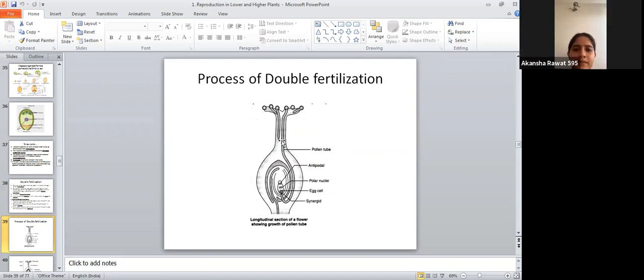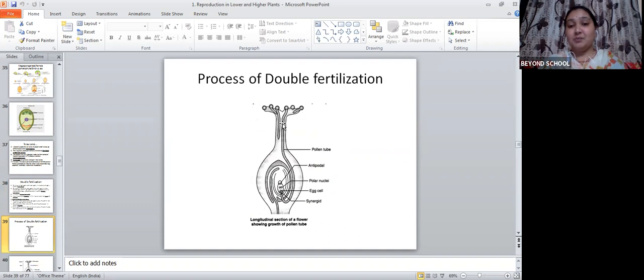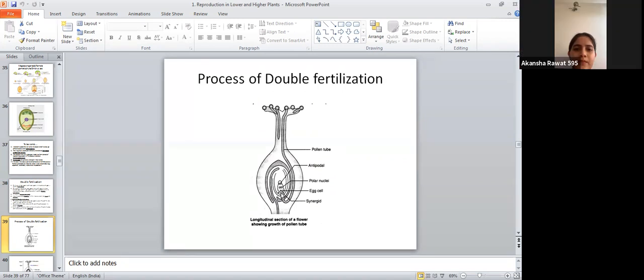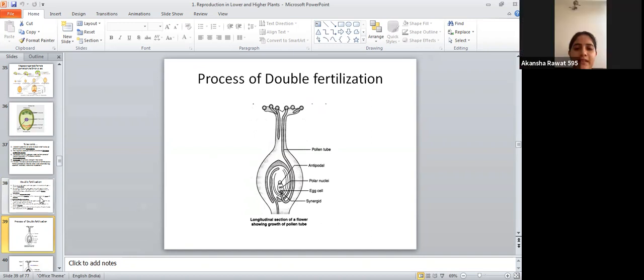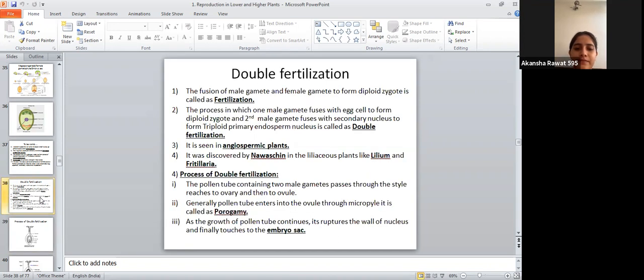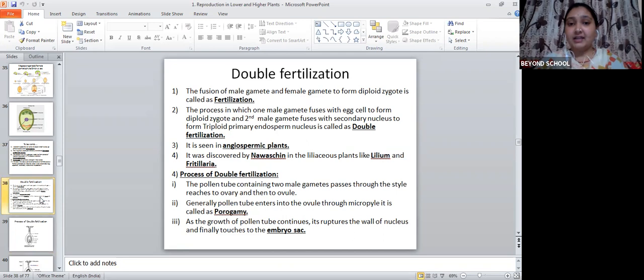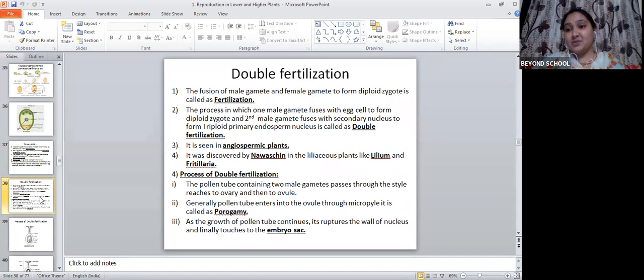This pollen tube, which we also call the germ tube, passes through the style, and from the micropylar end it proceeds with the help of the embryo sac. This whole pollen tube interacts with the synergid, egg cell, polar nuclei, and antipodal cells. That is double fertilization: the two male gametes which are present.